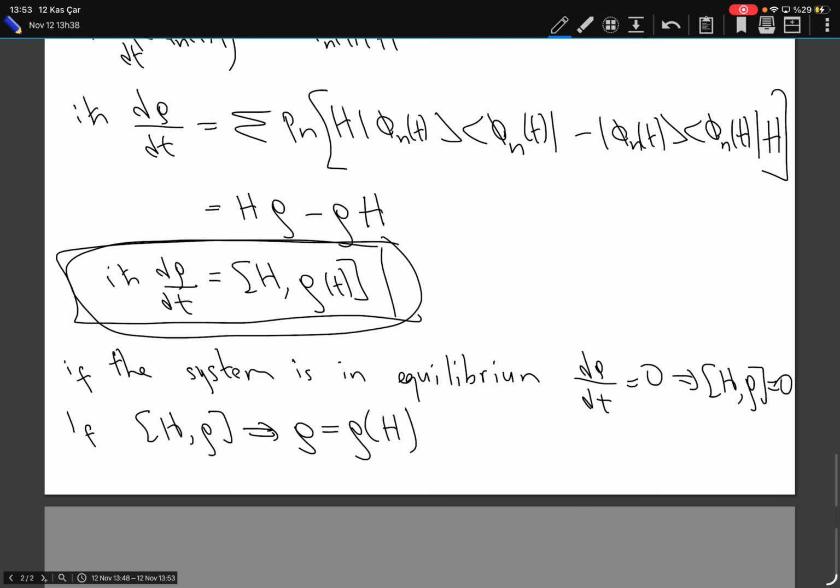There we had the Poisson bracket of rho and Hamiltonian. Here, after quantization, we have not the Poisson bracket, but the commutator of the Hamiltonian and rho. That's the main difference. And again, in that case, since H commuted with rho, we said that rho is a conserved quantity. Here, rho is a conserved operator. It doesn't change in time.